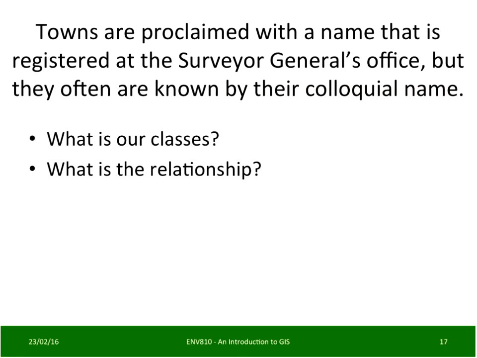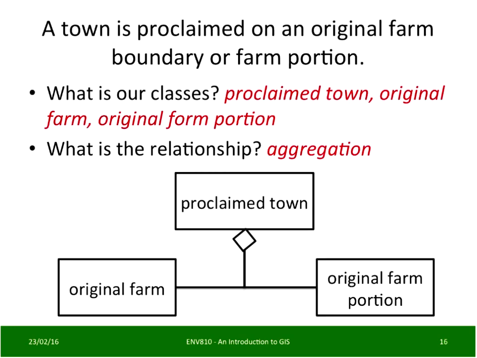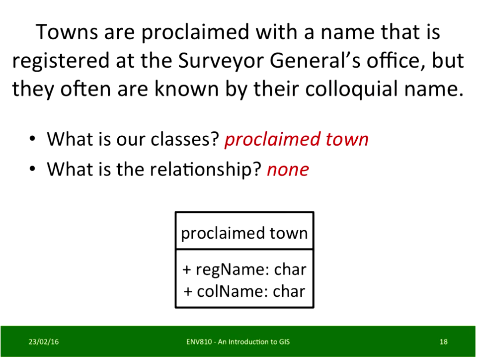Then the next one is about names, the registered name and the colloquial name. So what do we do there? Does this create new clauses, or do you just add attributes? I know in previous examples that I've seen from students, they would create clauses similar to the previous example, where you have your registered name and your colloquial name, but what I did was just add some attributes.